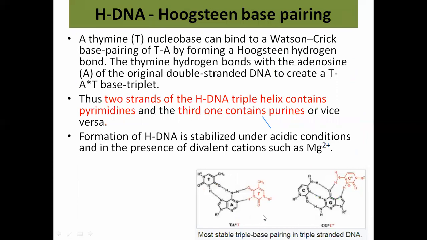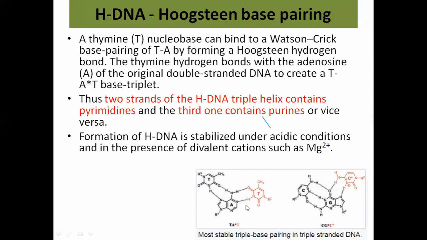Here you see this picture. This is adenine and this is thymine, isn't it? This is the base pairing between adenine and thymine. What happens in triplex DNA is that a thymine nucleobase can bind to a Watson and Crick base pairing of thymine and adenine by forming a Hoogsteen hydrogen bond.